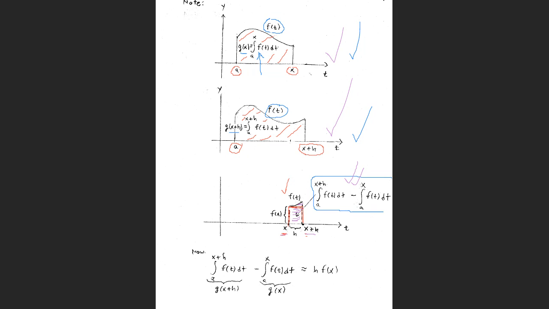The height is f of x, and the width is h. So the area underneath the curve f of t can be approximated by the area of that red rectangle, which is base times height, h times f of x.